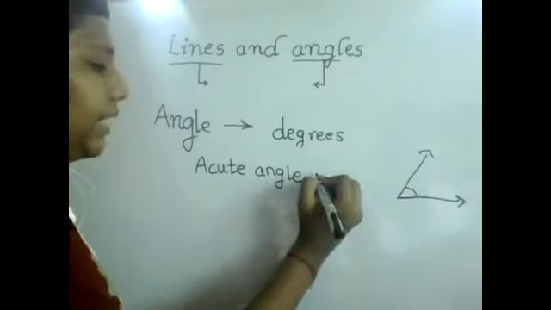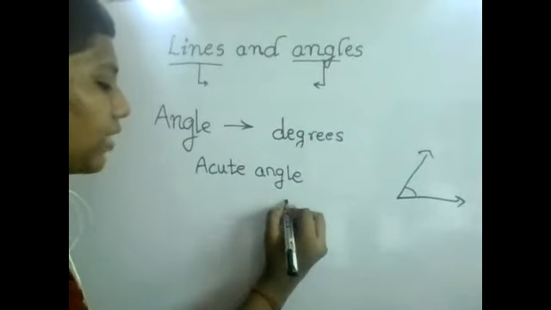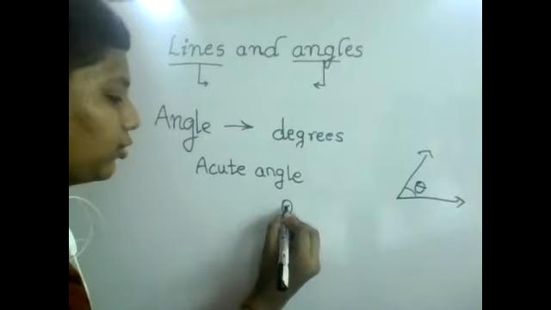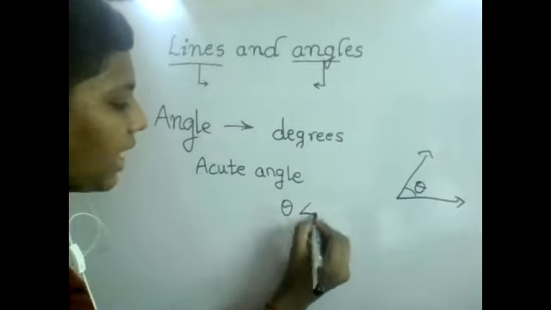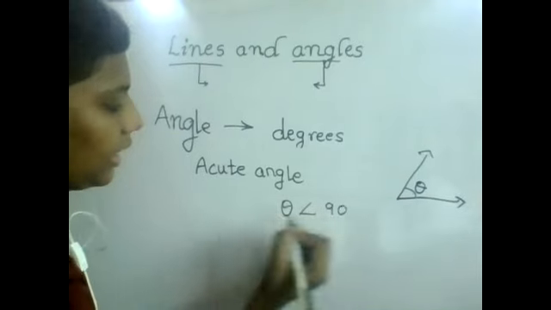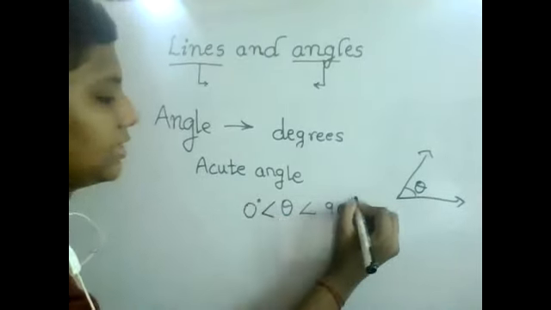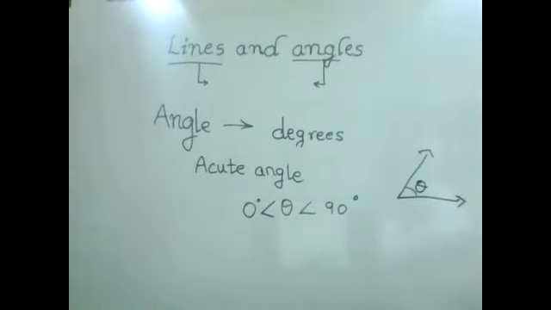Let us call this angle theta. Then theta is less than 90 and greater than 0. This is the first type, the acute angle.